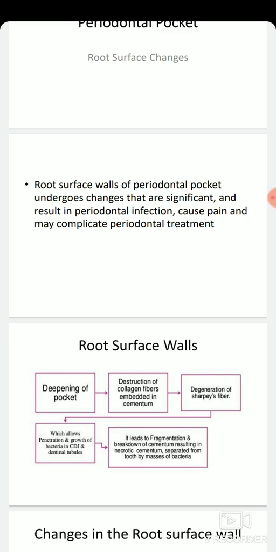Root surface walls of periodontal pocket undergo various changes that are significant and result in periodontal infection, which can cause pain and also may complicate periodontal treatments.